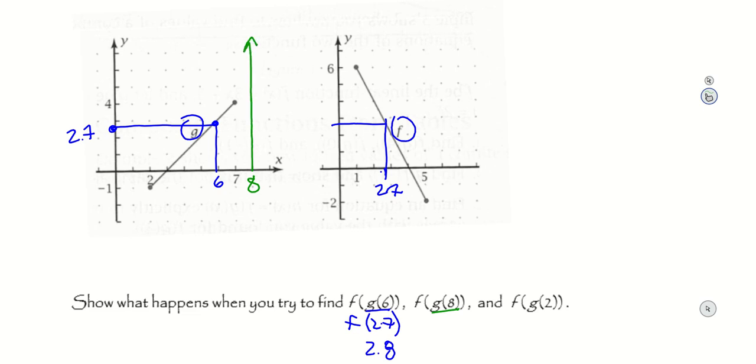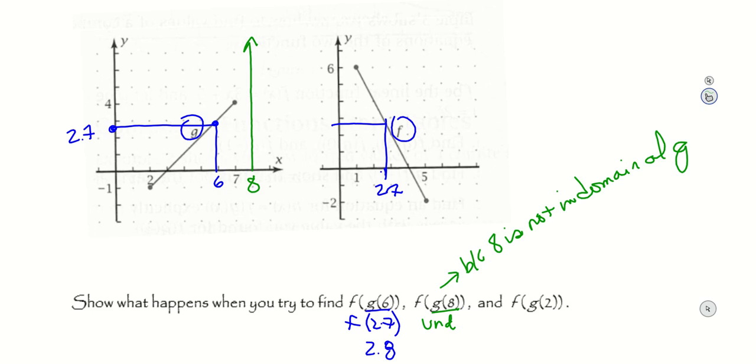So if I can't find G of 8, then I can't find F of G of 8. So this is undefined. And why is it undefined? Because 8 is not in the domain of G.